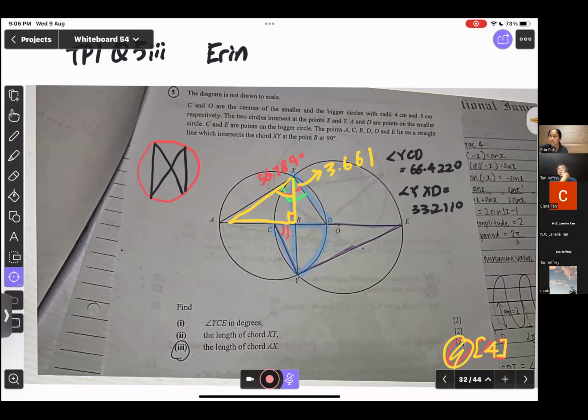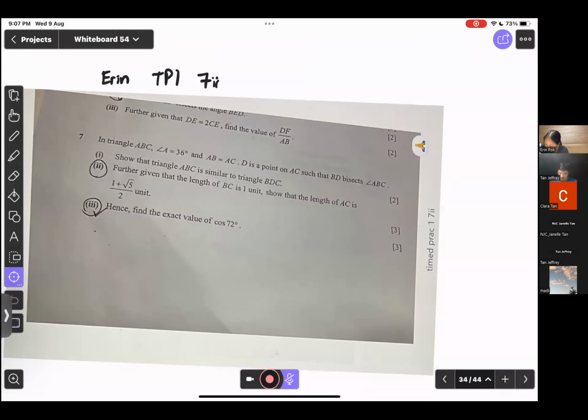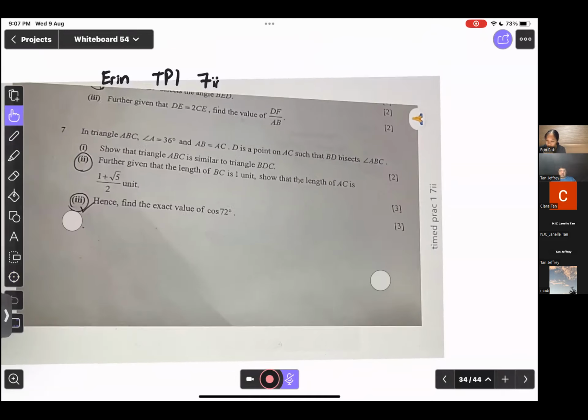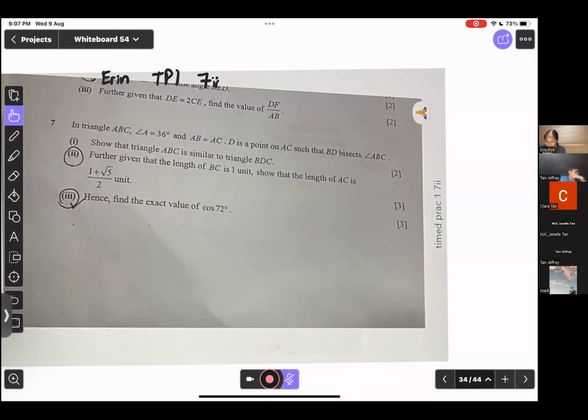You don't happen to have the working? I just use FAC to find OA. FAC is 35.2. Let me digest the question.